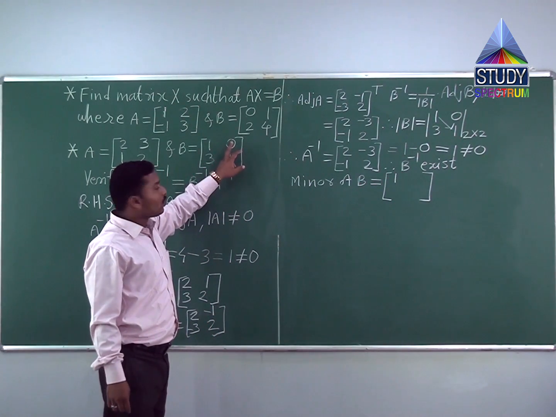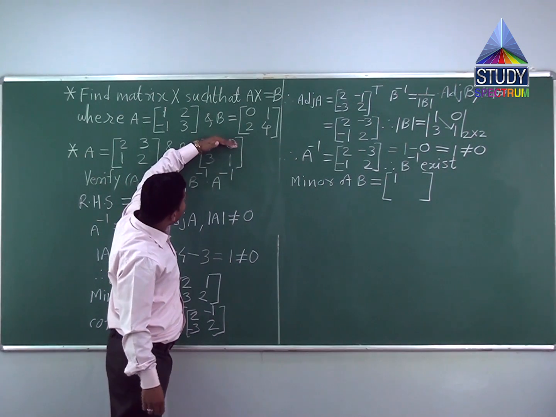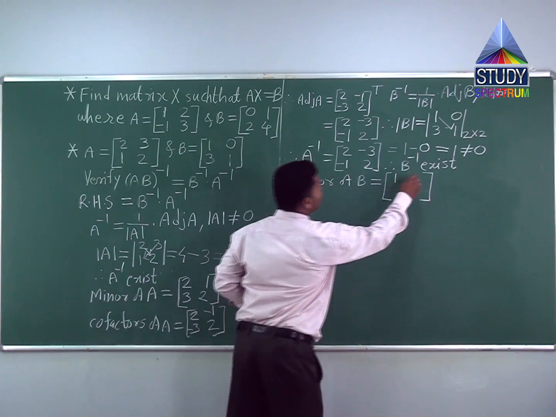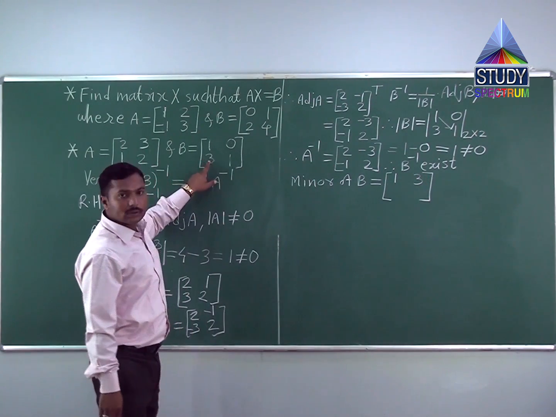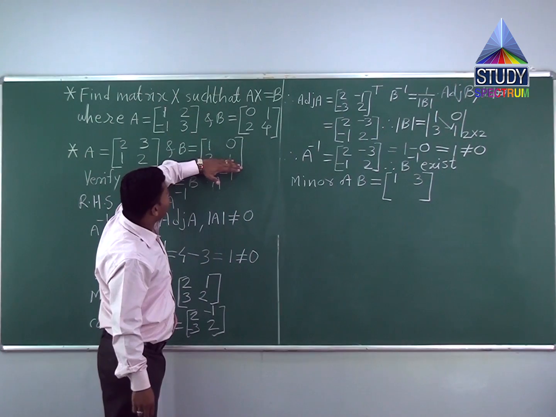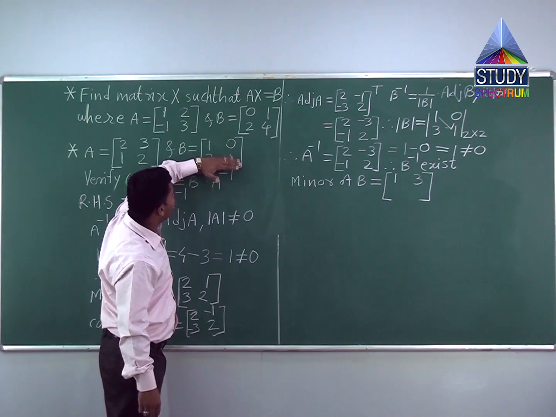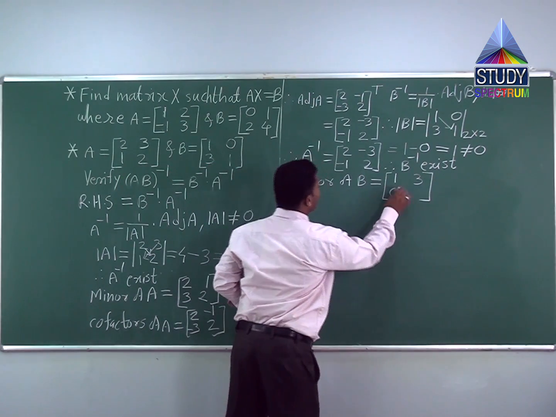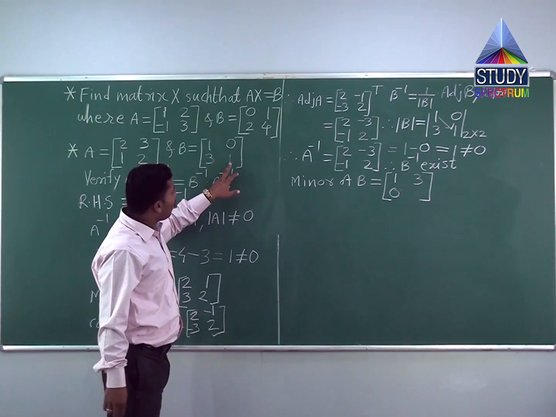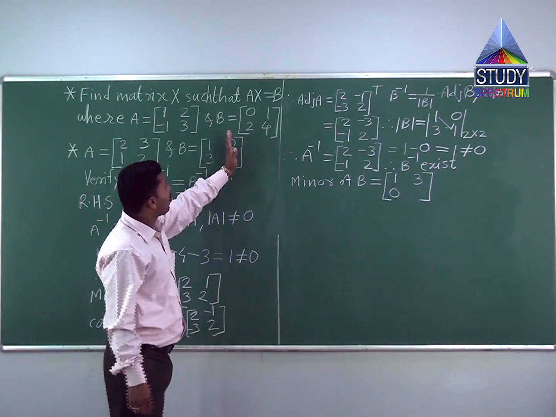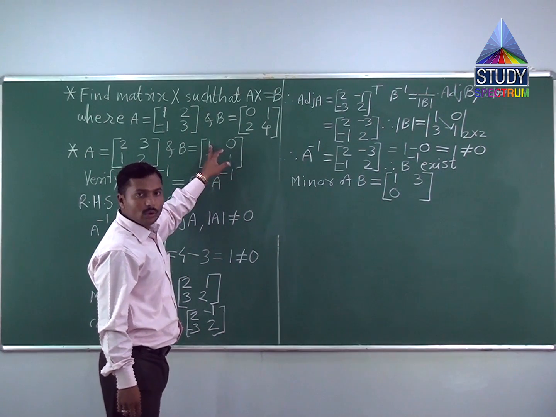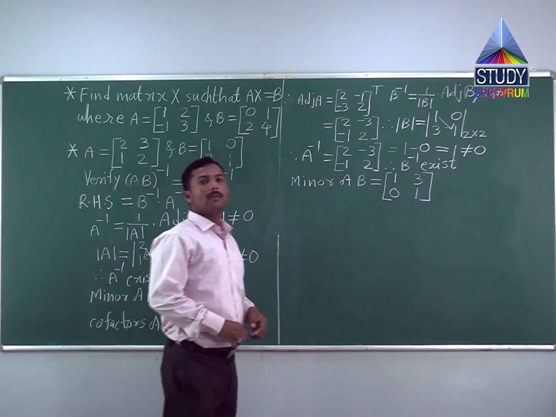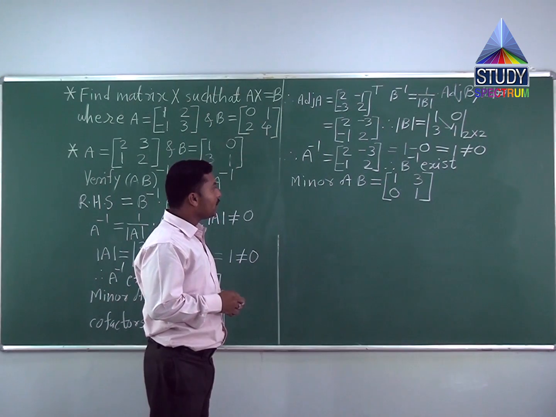Minor of 0: delete row and column, only 3 remains. Minor of 3: the row and column passing through 3 are deleted, so only 0 remains. Minor of 1: delete the row and column, only 1 remains. So this is the minor of B.